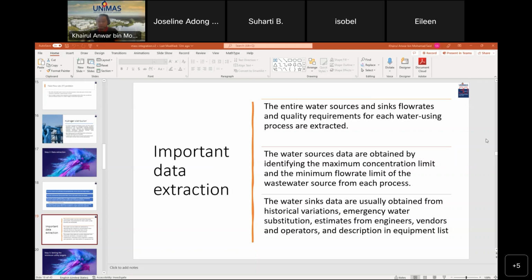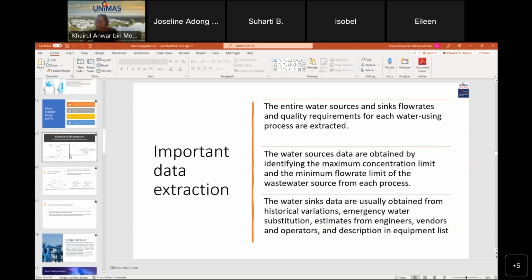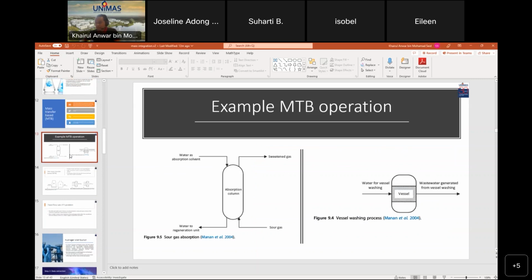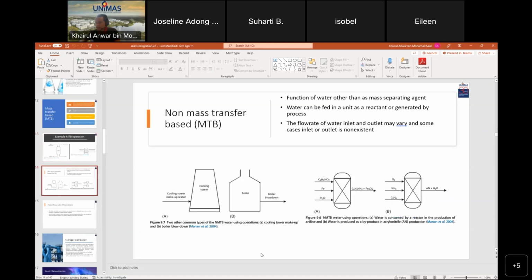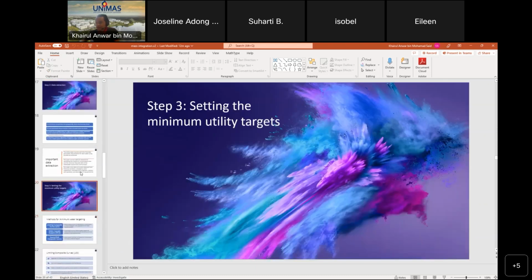So before we proceed, you need to know what is source and sink. Water sink is the inlet for any process. Water source is the outlet from it. Sink is in, source is out.